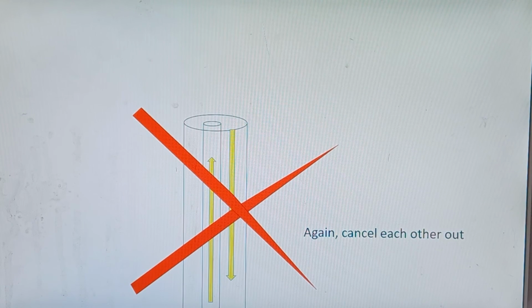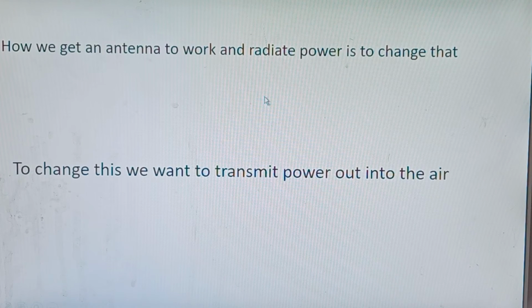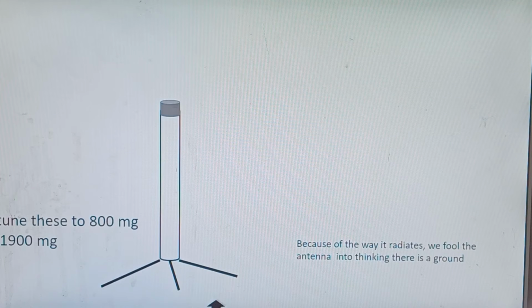And so that is a little bit of a preview. These slides I'm not going to give much explanation for, but this is a little preview of more on antennas.